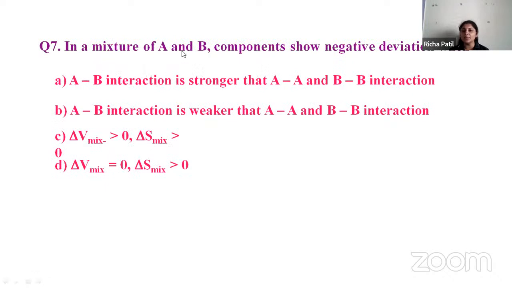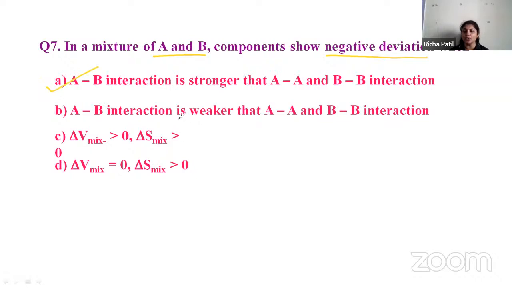In a mixture of A and B, components show negative deviation. When will they show negative deviation?